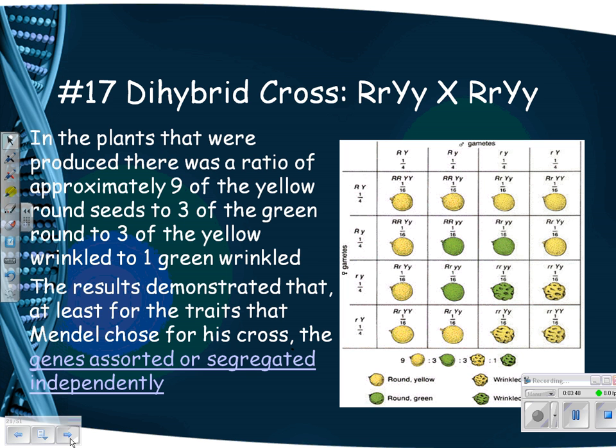Independent assortment, as it says, is that the genes for different traits can segregate independently during the formation of gametes. So in other words, these two alleles are going to separate from each other. Now this isn't always the case, as we'll show you later on.